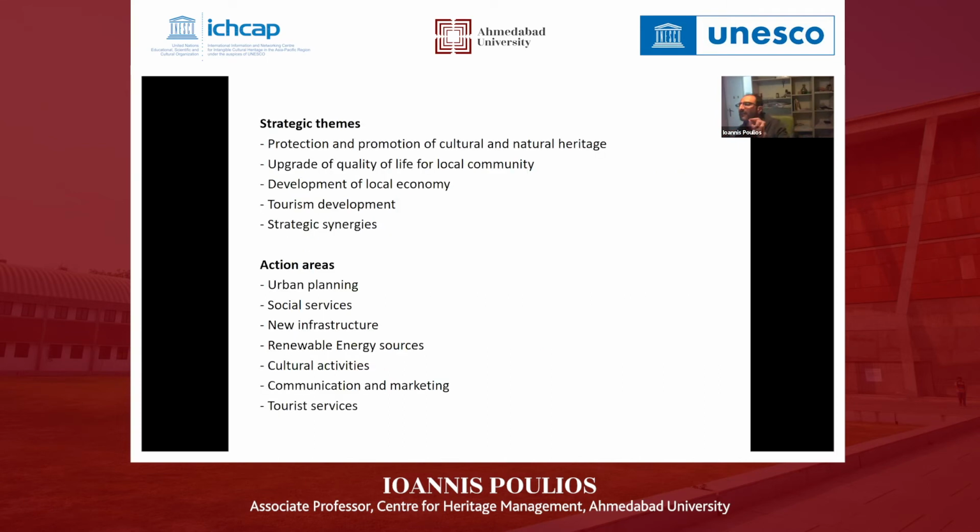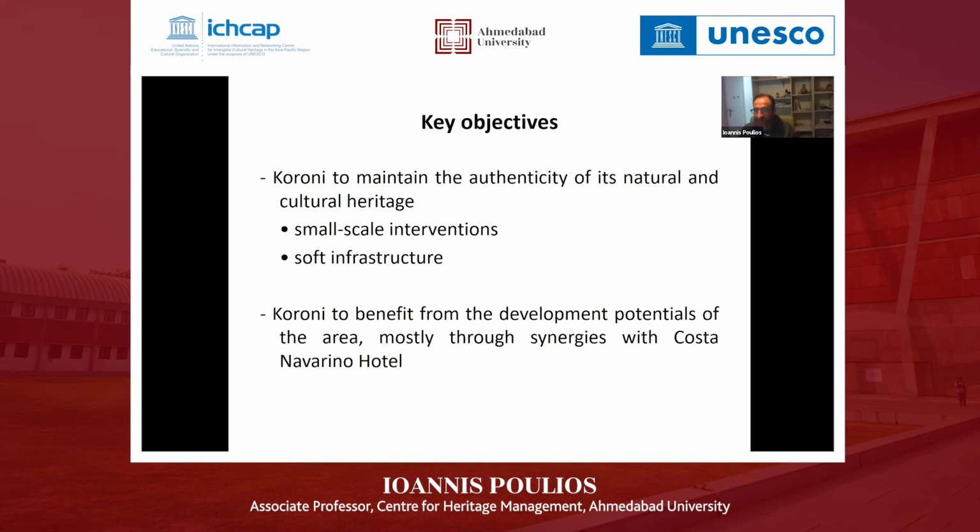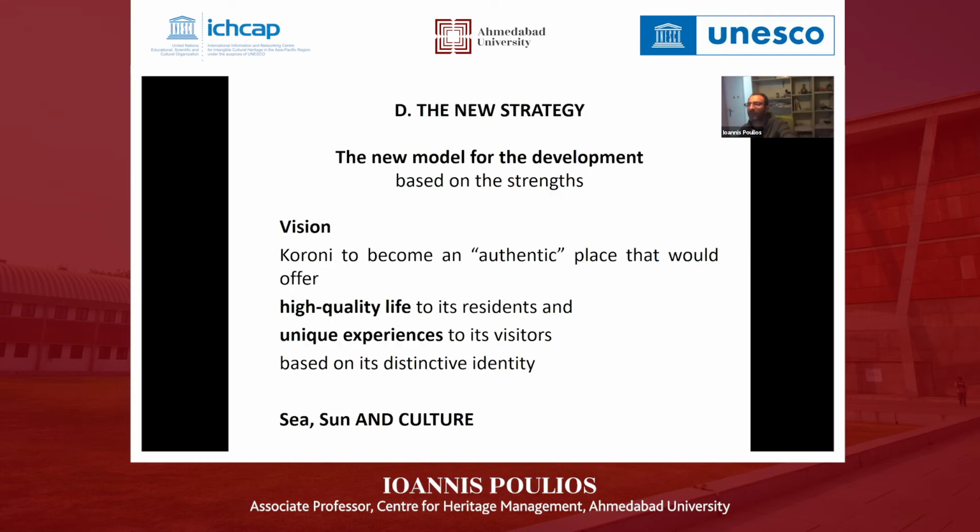So the strategic themes: protection and promotion of cultural and natural heritage. Second, upgrade of quality of life for local community. Development of local economy, tourism development, strategic synergies. We see how these strategic themes go back to the vision: an authentic place, high quality life to the residents, unique experiences.